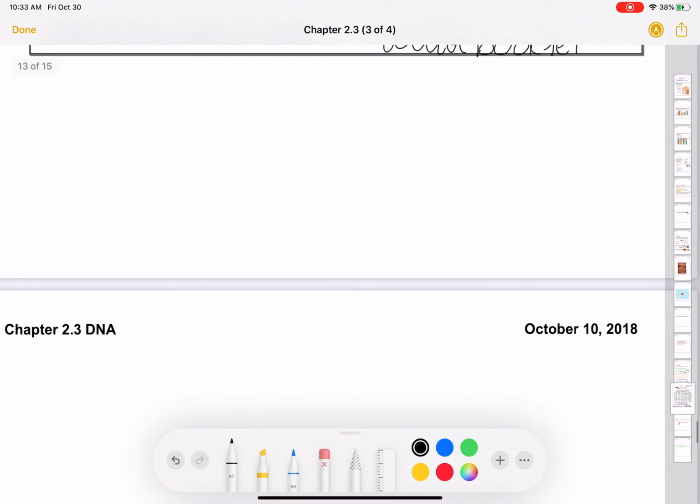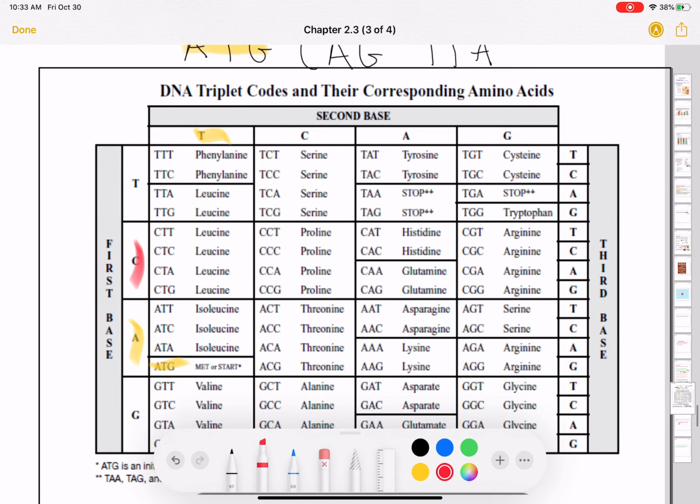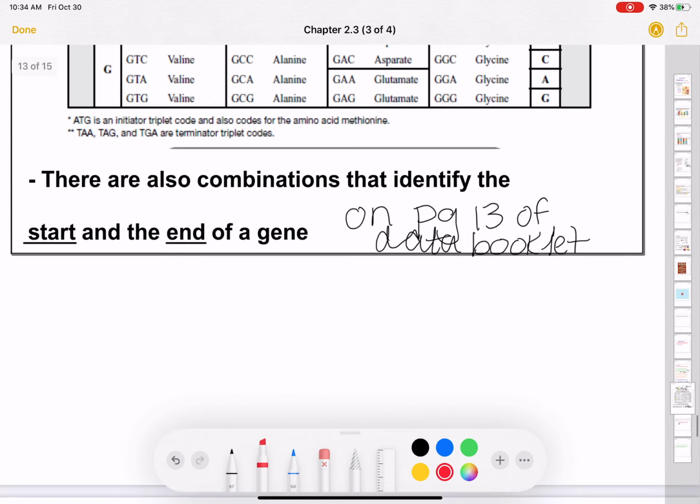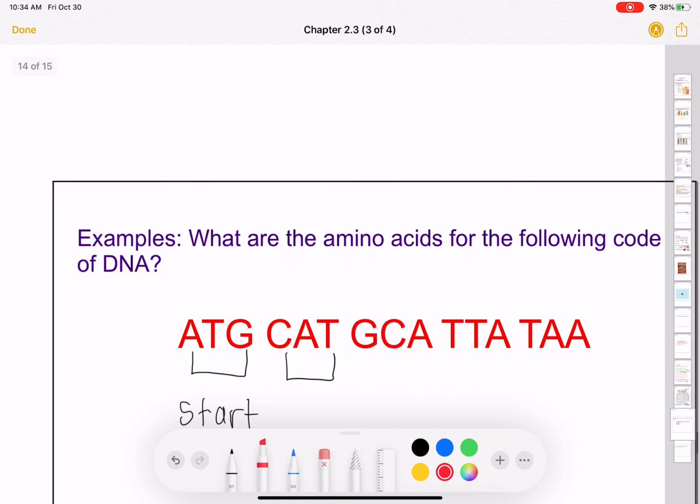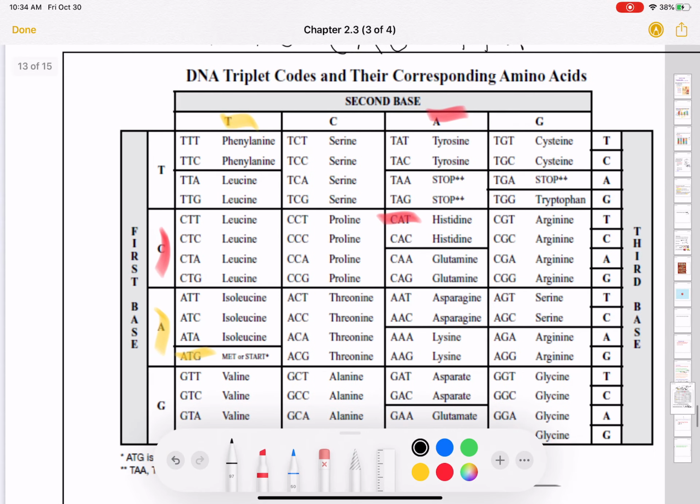CAT is our next one, C-A-T. So C, A, and then T. It's histidine, so you just write HIS. GCA, GCA is alanine.